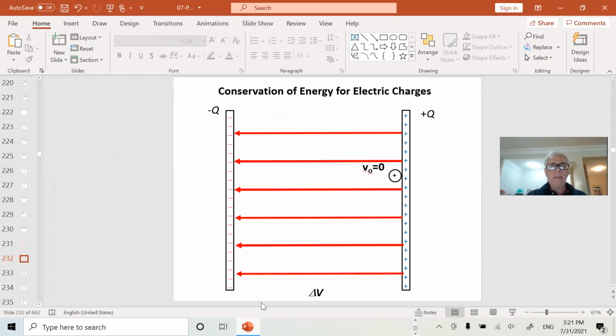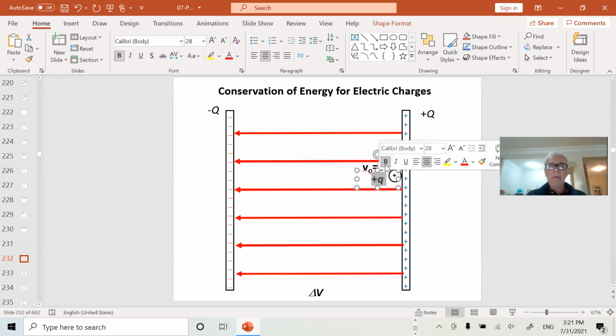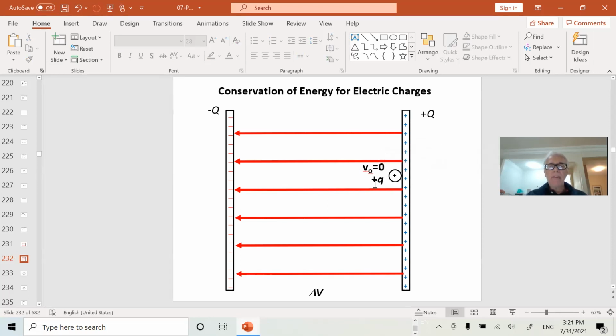I also have to state what the electric charge of this charge is, right? So let's say it's little q, instead of big Q that the plate has. At this very point here in the electric field, the electric charge has a potential energy due to the electric field, electric potential energy.